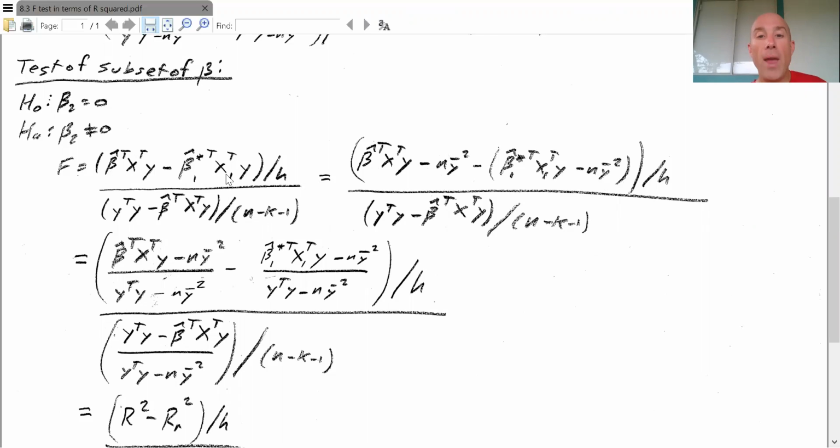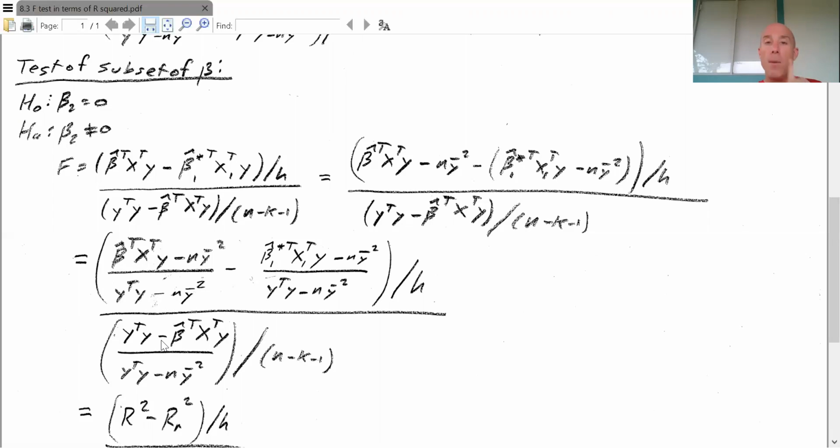All right, now that I've got it into this format, I'm going to divide everything by y transpose y minus n y bar squared. If I divide everything by that, I'm going to get this, I'm going to get that, and then on the bottom here, I get this.